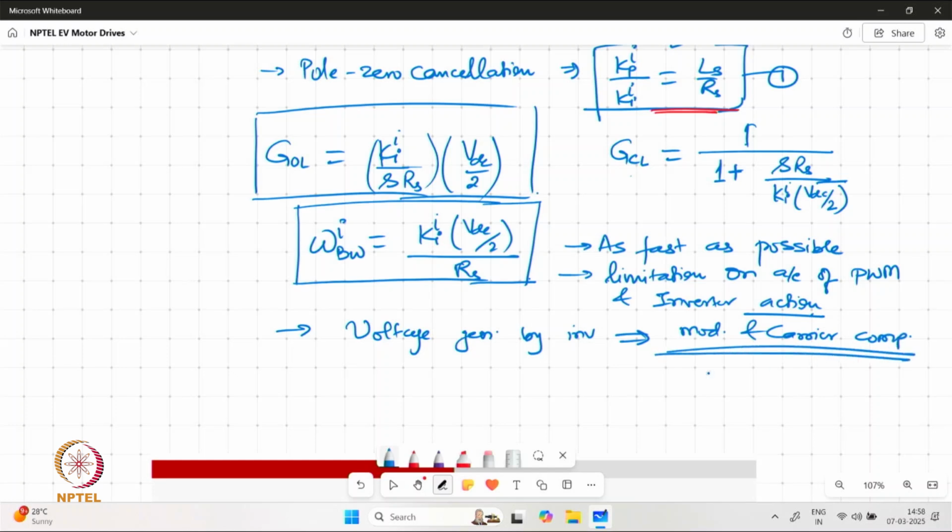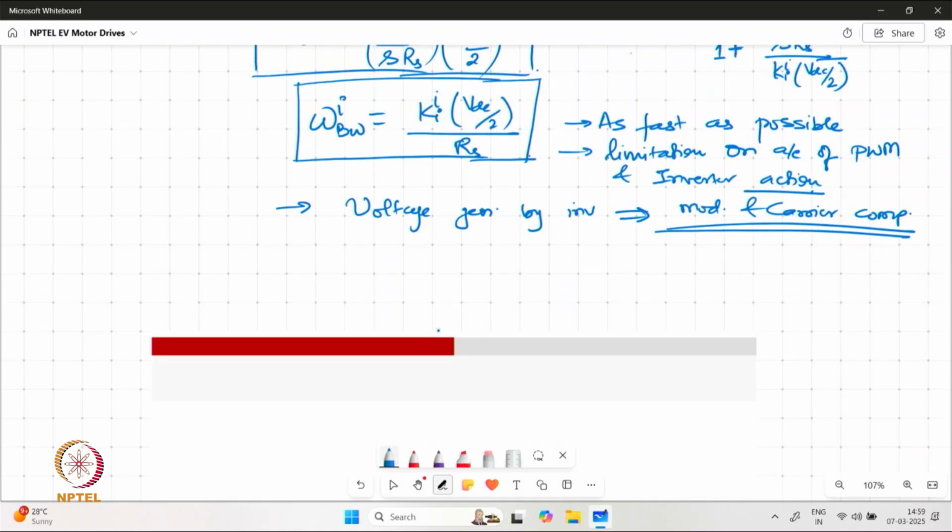So there is a limit on how fast the output can be realized from this kind of system, and this is where another rule of thumb can be established: we can achieve the highest bandwidth for the current controller as 1/10 of the switching frequency.